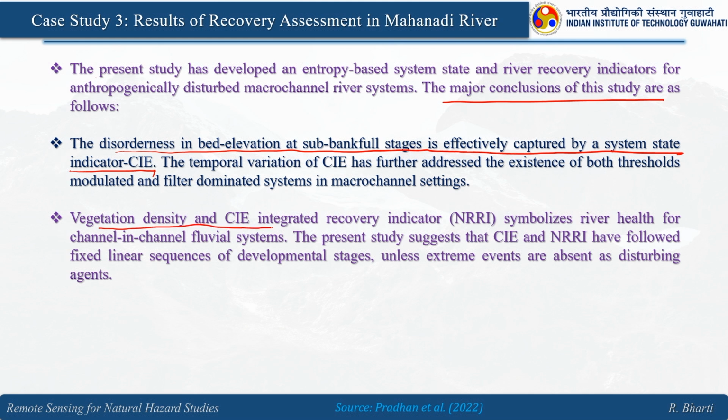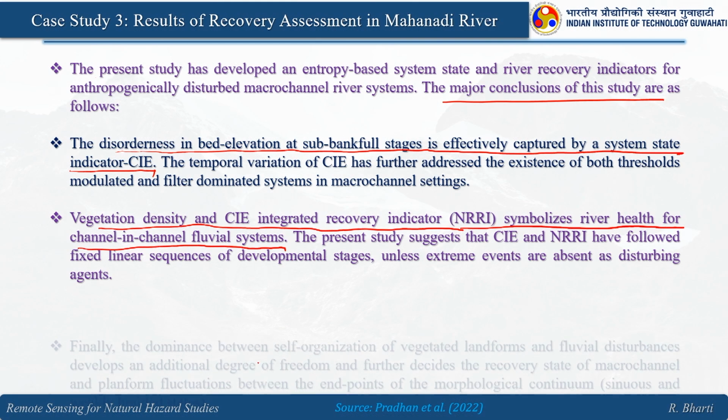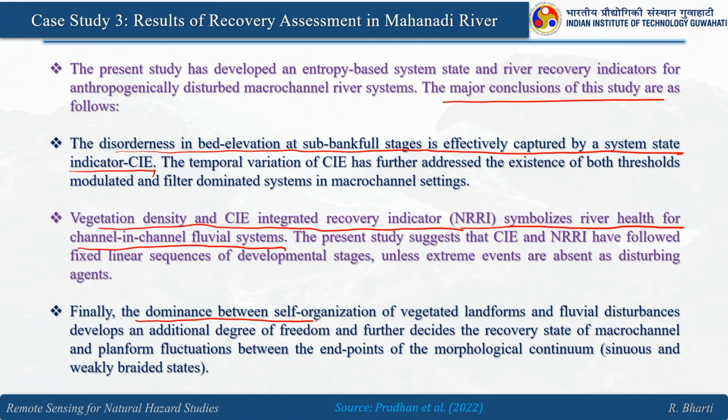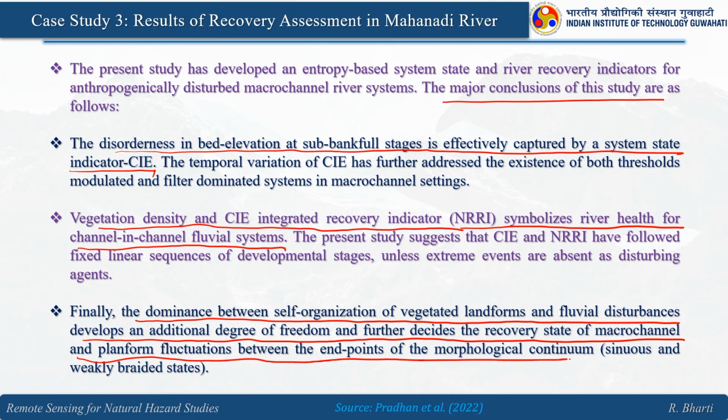Vegetation density and the CIE integrated recovery indicator, NRRI, symbolize river health for channel-in-channel fluvial systems. Finally, the dominance between self-organization of vegetated landforms and fluvial disturbances develops an additional degree of freedom and further decides the recovery state of the microchannel and planform fluctuation between the end points of the morphological continuum, that is sinuous and weakly braided state.